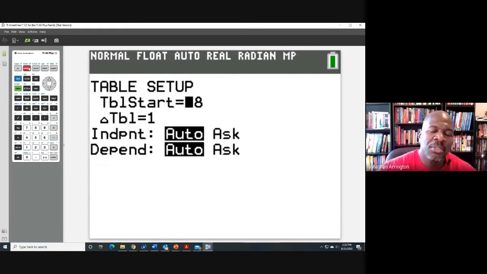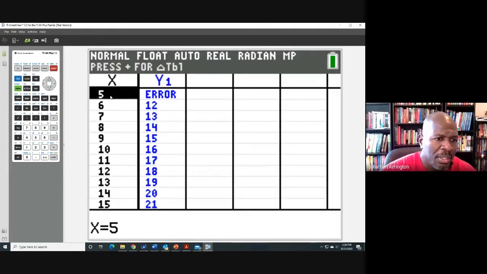For these problems, you want the table start to be the value that x is going to in the limit. So in this case, we want the table start to be 5. Now you'll also notice this delta table. Again, I want to go back to the table. You notice in math and science, delta means change.